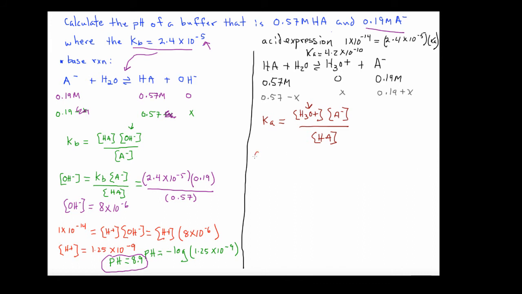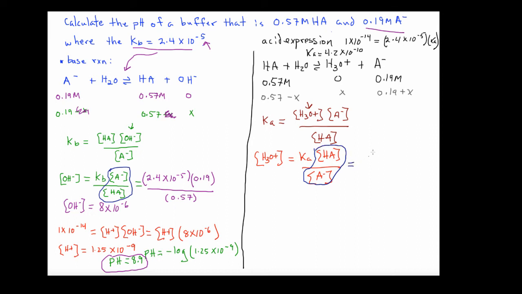It's going to be H3O plus equals my Ka times my HA over my A minus. Now you'll notice in this diagram that my ratio switched, right? Look over here. Our ratio here is A minus over HA. Now in the Ka expression, it's going to be HA over A minus.